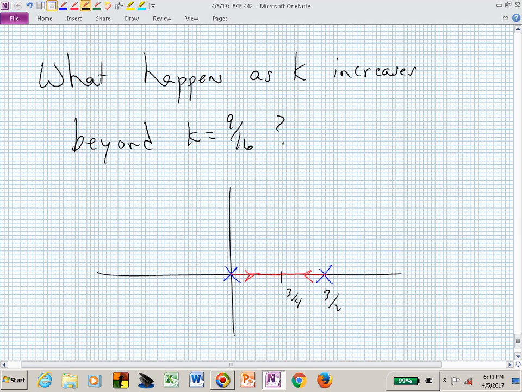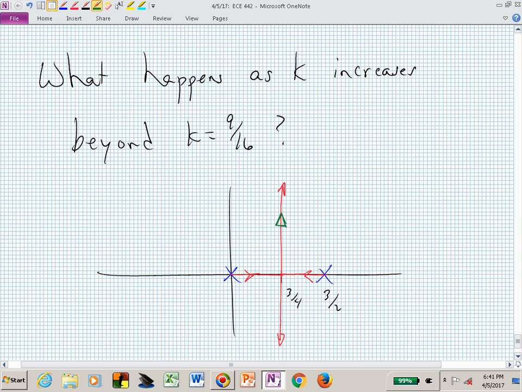So where do they go? Well, let's now convince ourselves that in fact they do go, one goes straight up and one goes straight down. And to convince us of that, suppose that I now say, what happens if that's true, then that triangle needs to be on the root locus, correct?